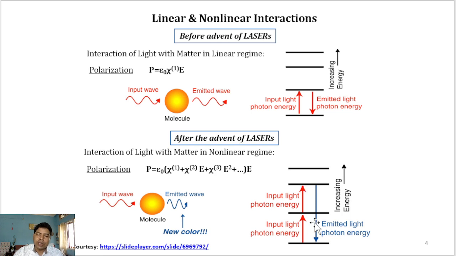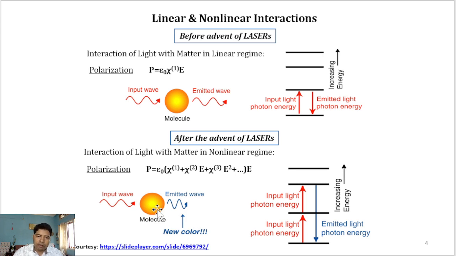And when it is coming down, when the atom is releasing its energy, these energies are released as a combination of these two energies. So red plus red gives rise to another frequency which is of the order of blue. So we can see, even if we are launching a red light, we are seeing a new color.